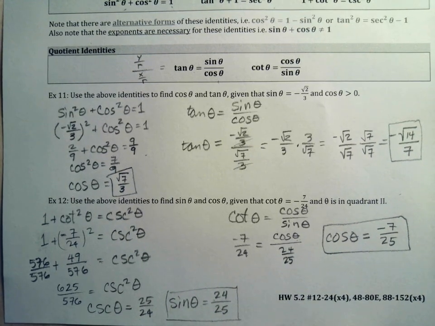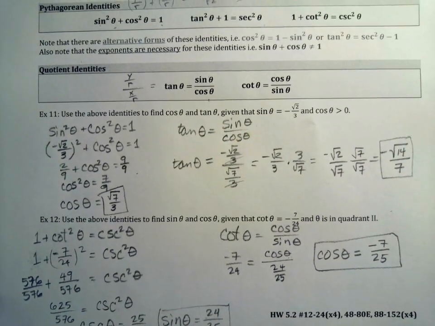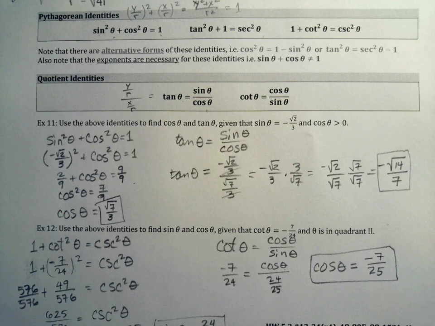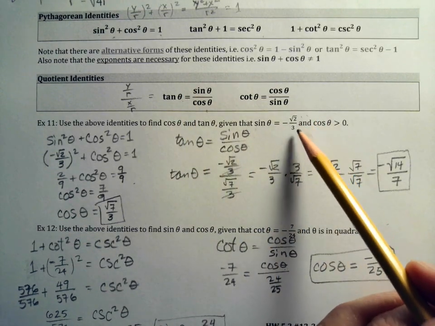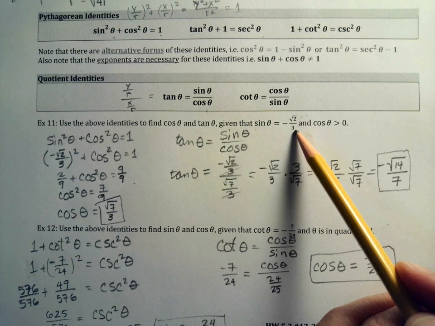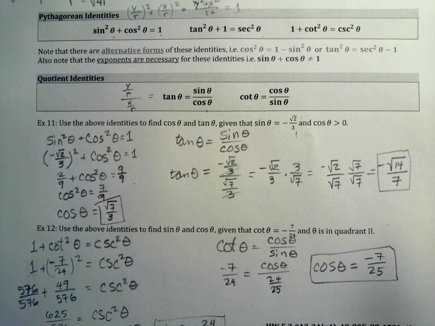Again, these are a little bit more cumbersome to do using the identities rather than just drawing a picture. So if they don't tell us what method to use, I probably wouldn't use identities to solve these. I would just draw a picture, figure out which quadrant I'm in, use my sine of theta, that's y over r, and draw a right triangle up to the x-axis.